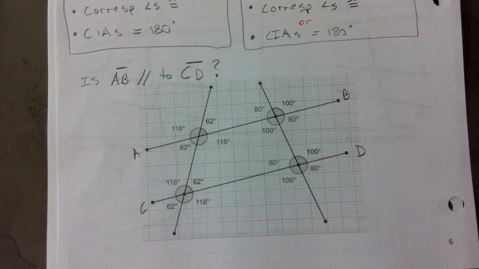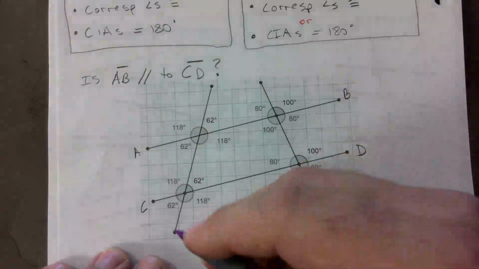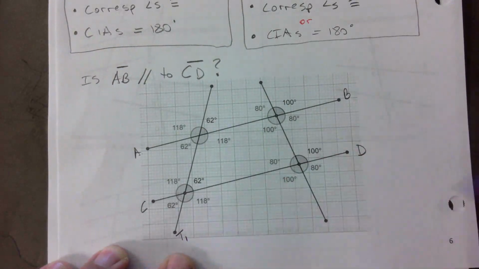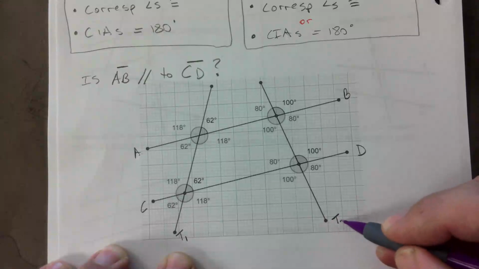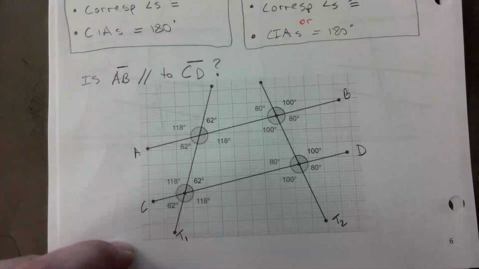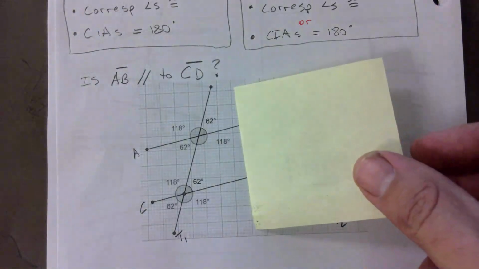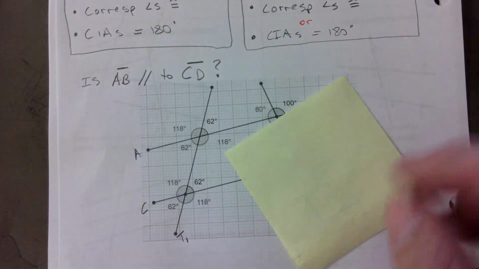Let's focus on one pair. Alternate exterior. This is transversal 1, and we're going to call this transversal 2. In a sense, we're going to forget about this transversal for now.